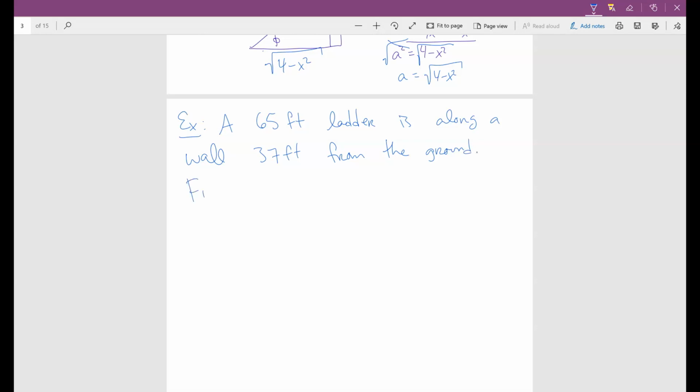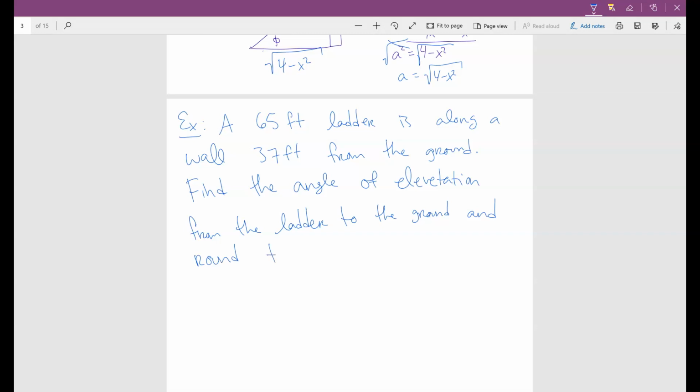Okay, find the angle of elevation from the ladder to the ground and round to 1 decimal.